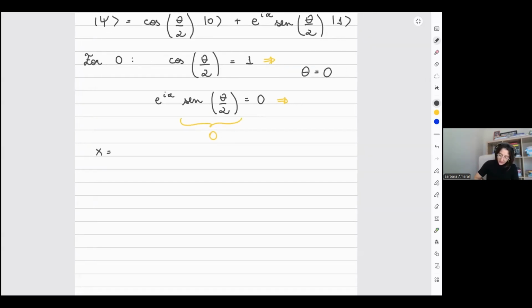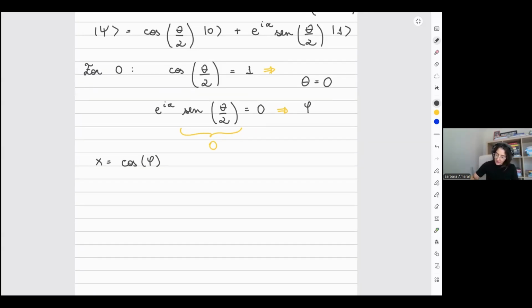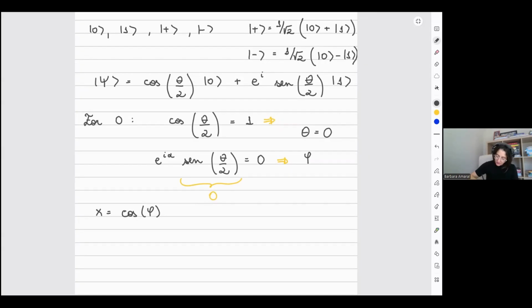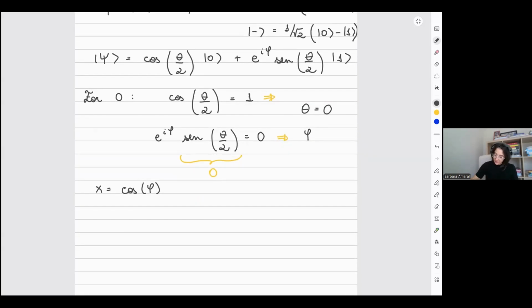So if we have cosine of phi, and phi could be anything. Here is phi, it's not alpha.